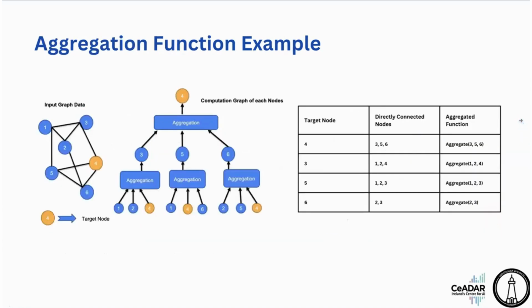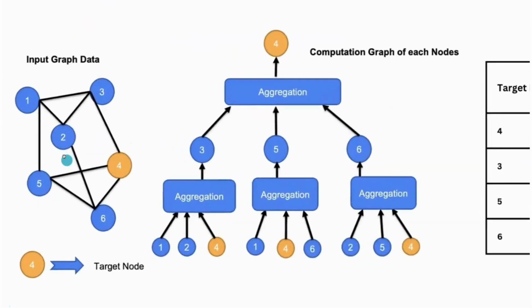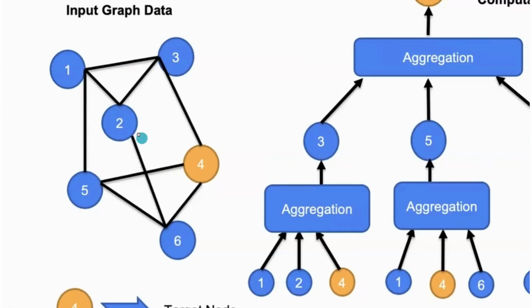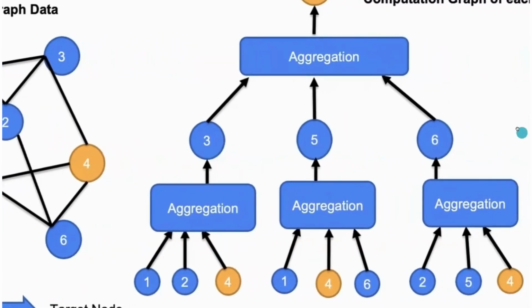This is a basic example of how aggregation works. Say the target node is 4. In the graph, we can see which elements are directly connected with 4. Node 3 is directly connected with 4, and 5 is directly connected with 4, and 6 is directly connected with 4. So that's the basic first layer of aggregation.